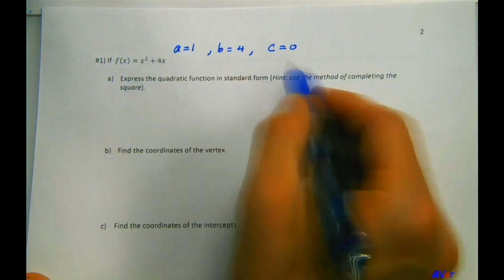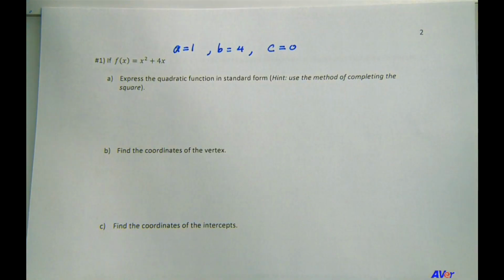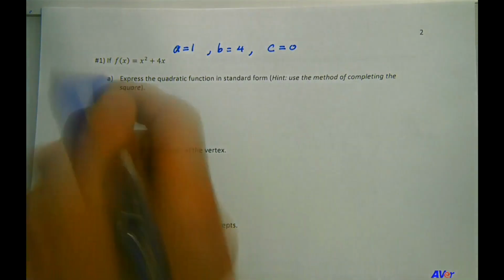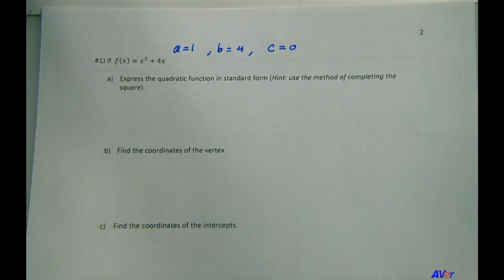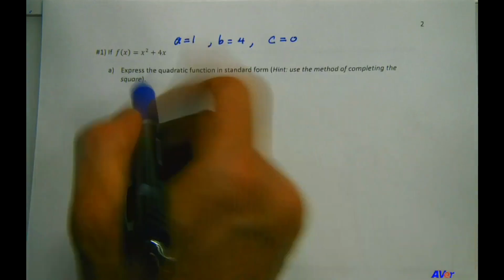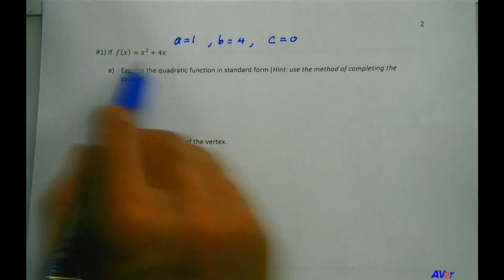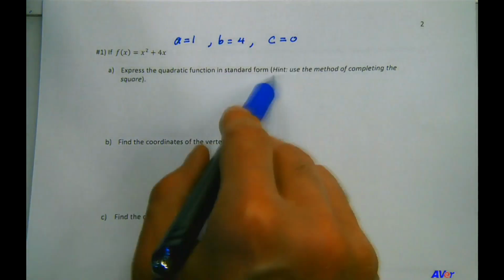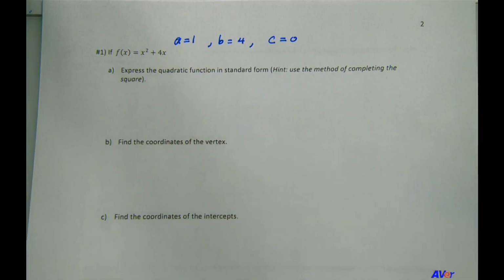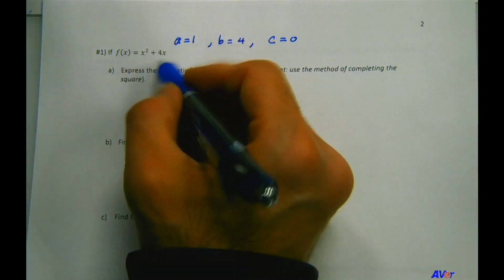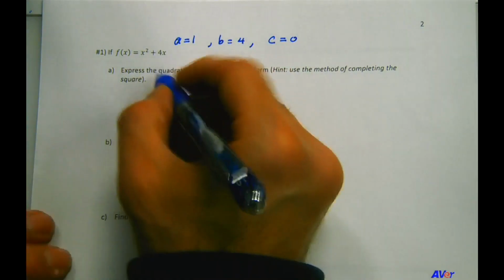I just wanted to write that down to exercise with all these different things we should notice when we see a quadratic function. We should notice that immediately. It says, express the quadratic function in standard form. Hint, use the method of completing the square. Okay, so let's do that.